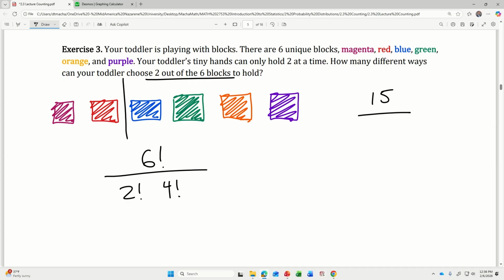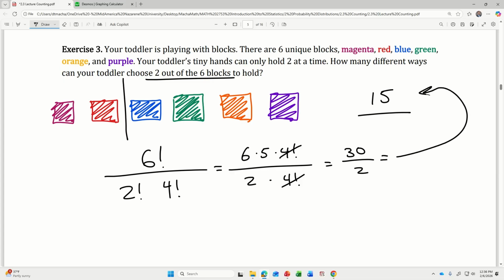Because I have 2 blocks and then a partition and 4 more blocks, and I don't care about the order of the 2, I don't care about the order of the 4. Well, this would be 6 times 5 times 4 factorial. 2 factorial is the same thing as 2. The 4 factorials cancel. 6 times 5 is 30. 30 divided by 2 is 15.